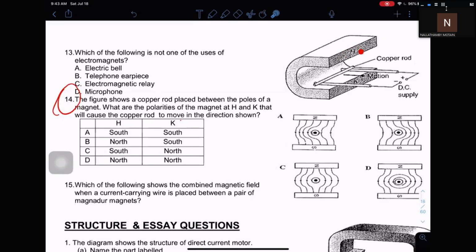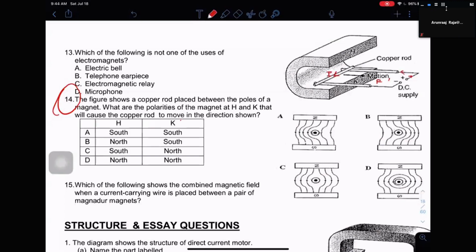Here is H, here is K, and they already give you the current. Positive here, negative here, so current flows in this direction. Then they already give you the motion.